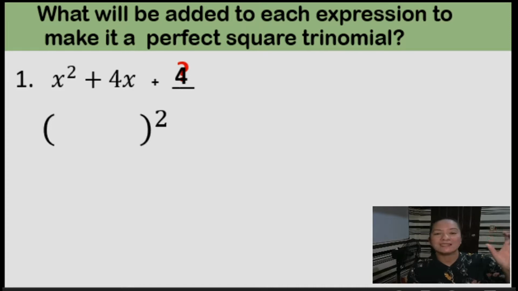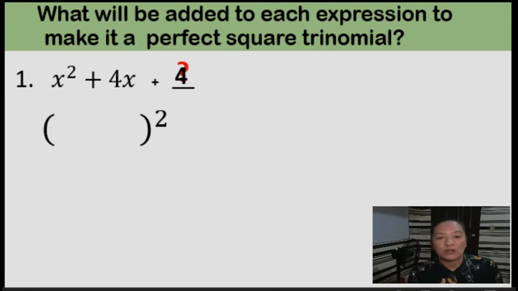Okay, look at the second term. Yung given kanina, dyan sa trinomial. What's the second term? The second term is 4x. Alright. What is the numerical coefficient? Okay, so the numerical coefficient is 4. If we divide 4 by 2, what will happen?